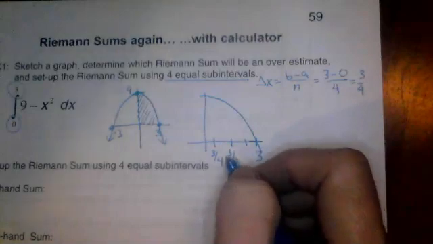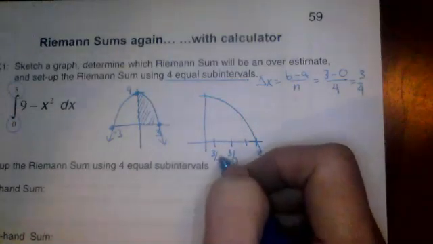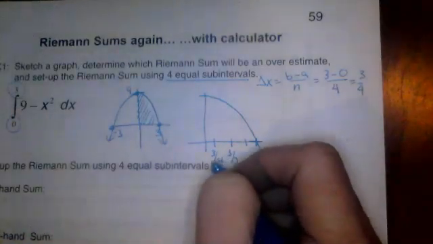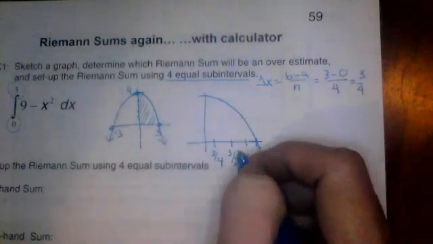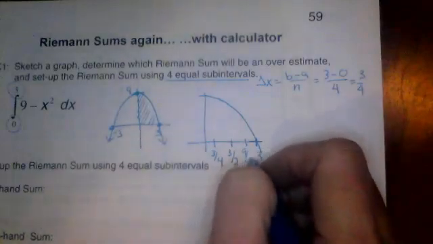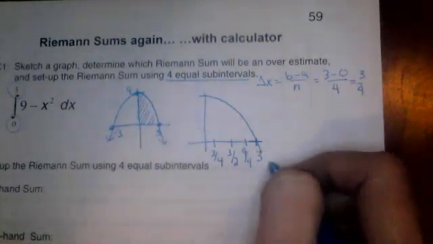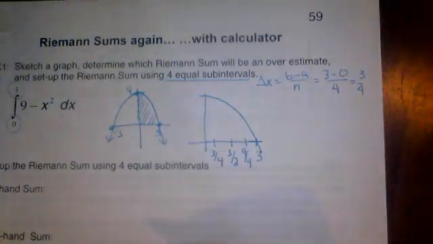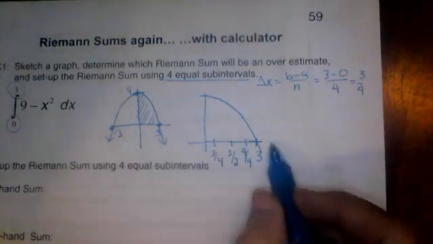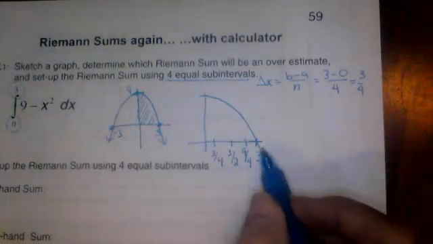And so 6/4 plus another 3/4 would be 9/4. That doesn't reduce. And then 9/4 plus 3/4 would be 12/4, which is 3. So we do end up in the right spot. So these are where our rectangles for the left and right should fall.